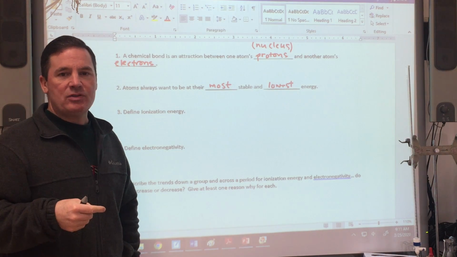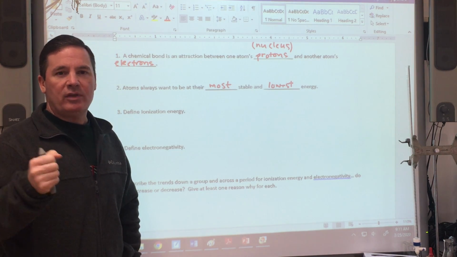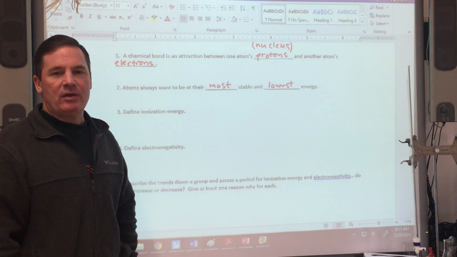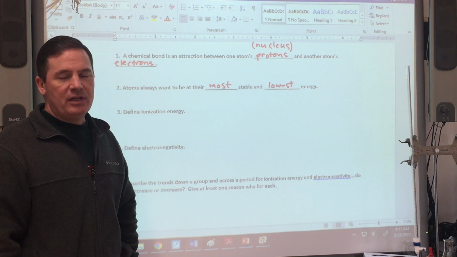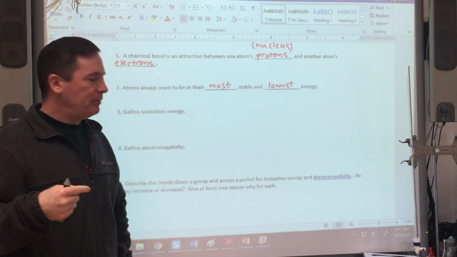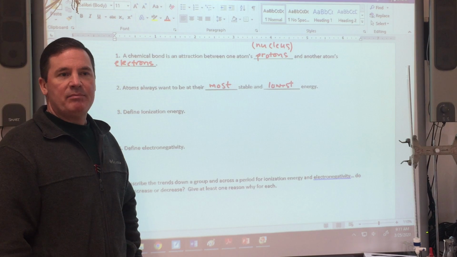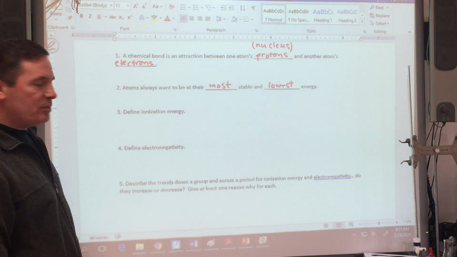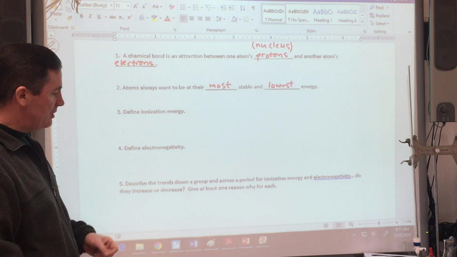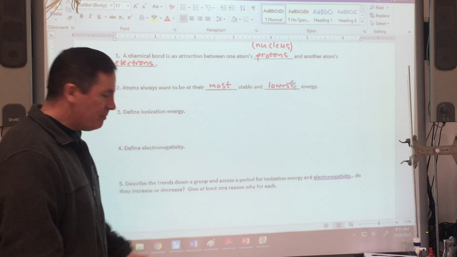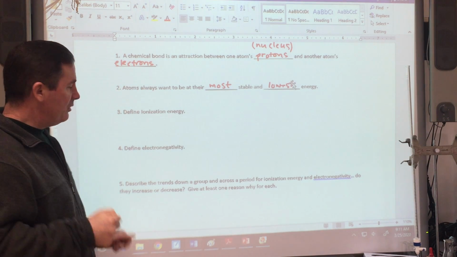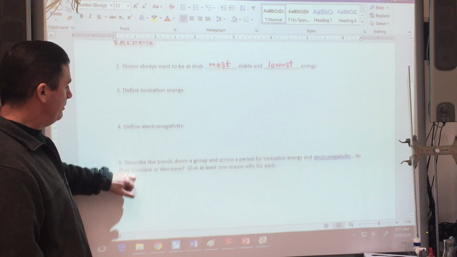We'll look at covalent bonds tomorrow. Covalent bonds are more of a sharing of the electrons between the atoms. And if it's less than that, we call it just a non-polar covalent bond. But we'll go into more detail with that. So electronegativity is the amount of attraction an atom has for another atom's electrons.